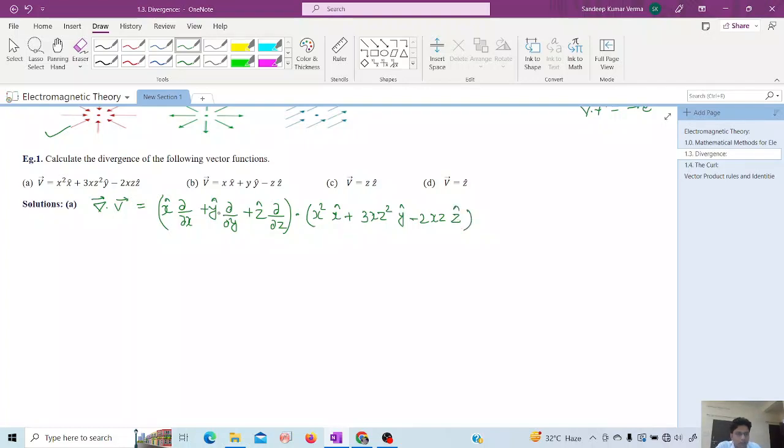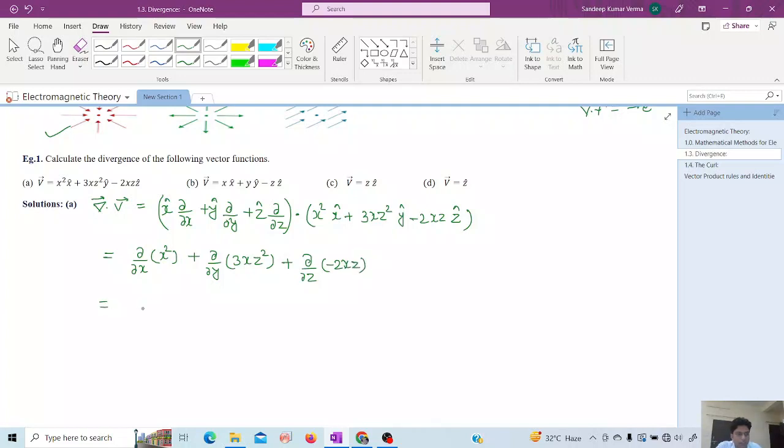Here we know that x cap dot x cap will be 1, x cap dot y cap will be 0, and x cap dot z cap will be 0. So the dot product will be del by del x of x square plus del by del y of 3xz square plus del by del z of minus 2xz.